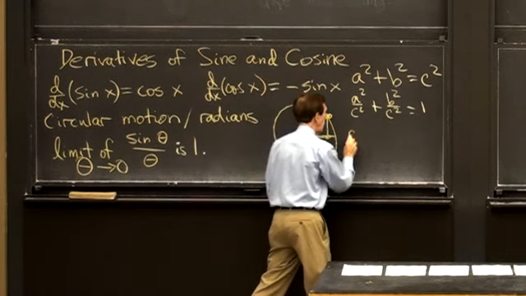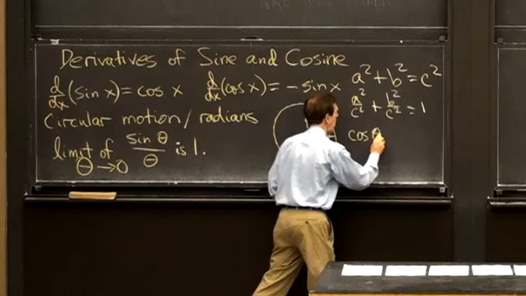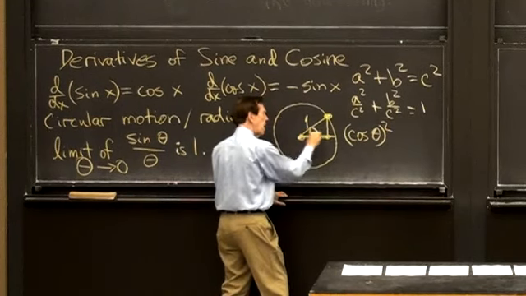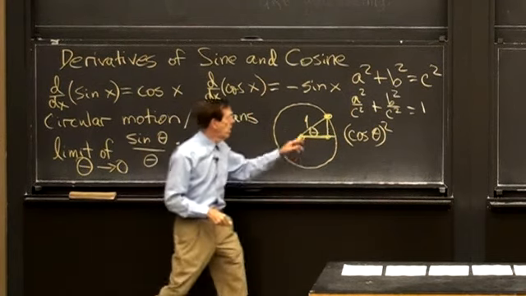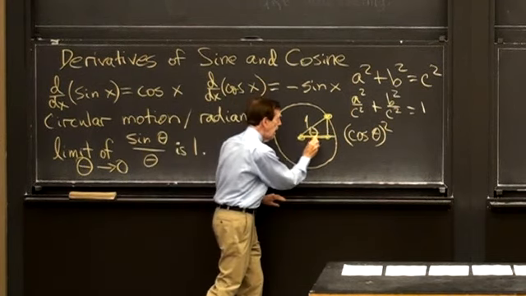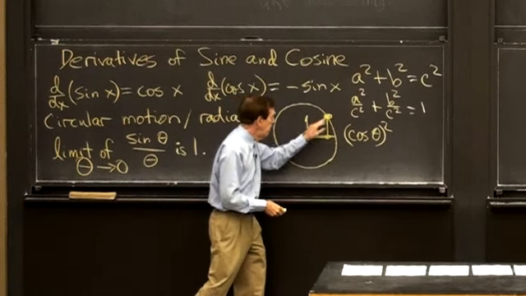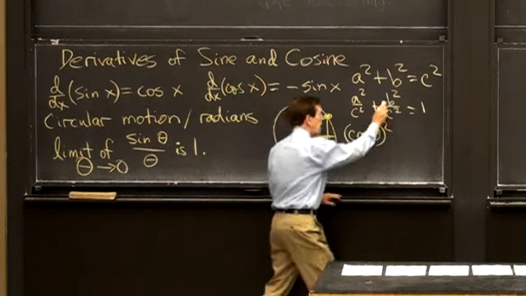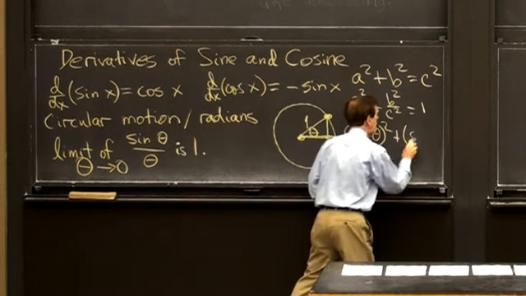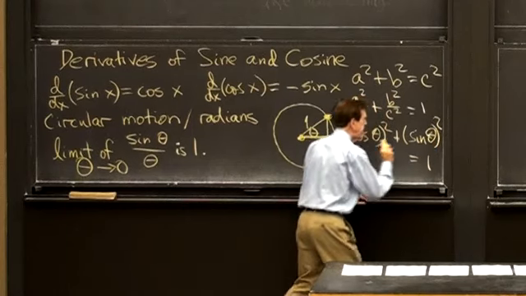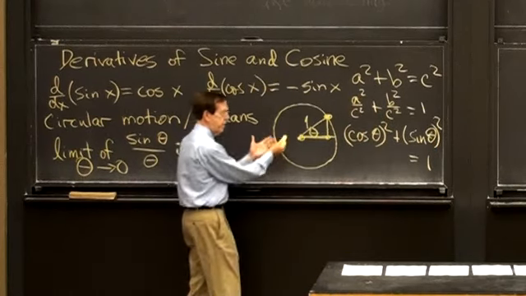So what I have here is cosine theta squared. Theta is that angle at the center. And what's b? This is a over c, that's cosine theta. B over c is this point, and that's sine theta. And they add to 1. So that's Pythagoras using sines and cosines.